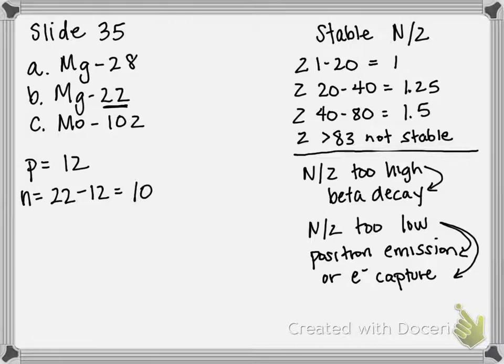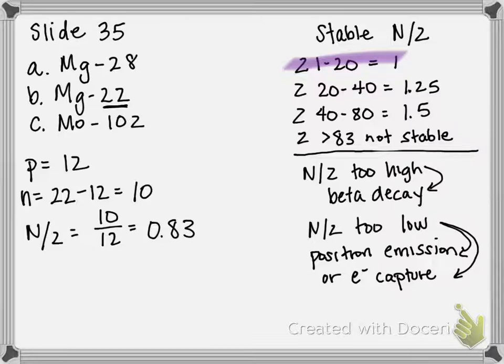To get our N to Z ratio, it's neutrons over protons, so 10 over 12, which is equal to 0.83.